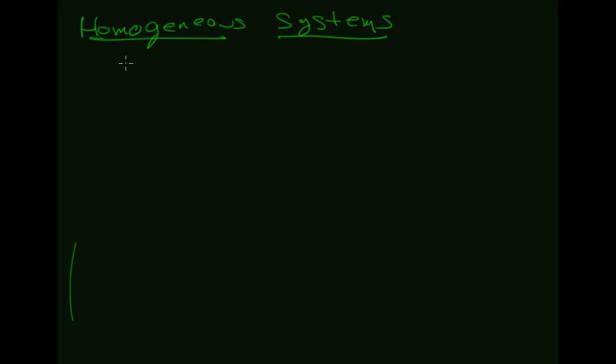Okay, so we're going to get into these things that we're going to call homogeneous systems. Okay, so it's a normal system, right? So we're going to have a sum over j equals 1 to n of a_ij x_j equal to b_i, for all i equals 1 to m.